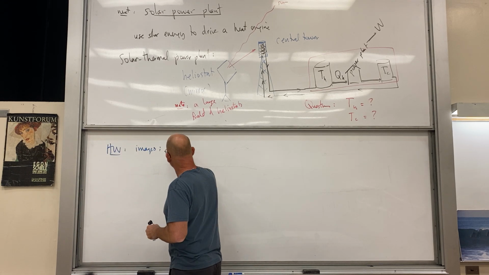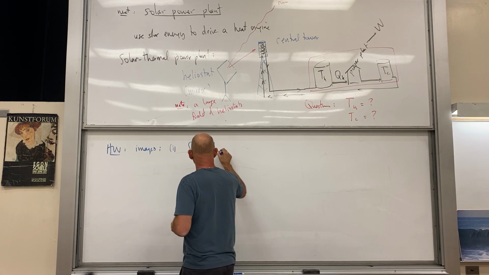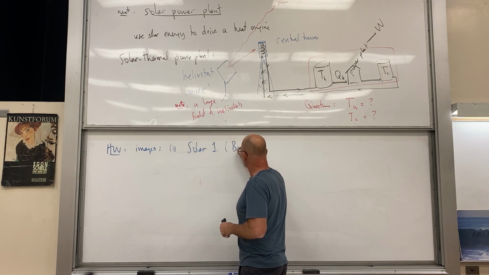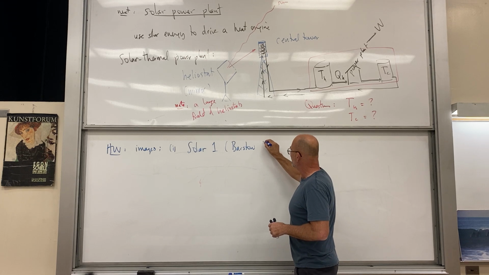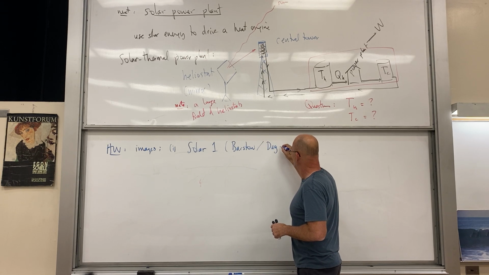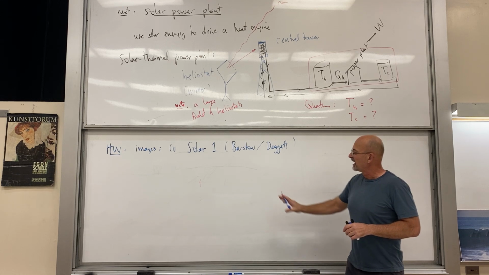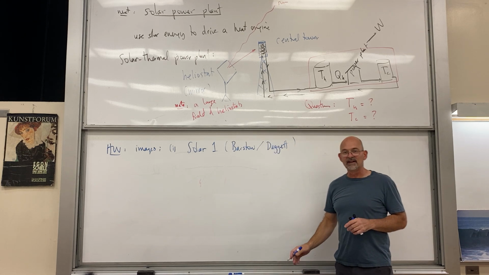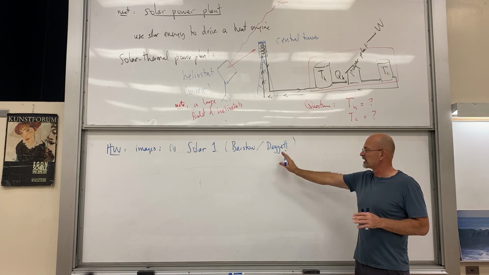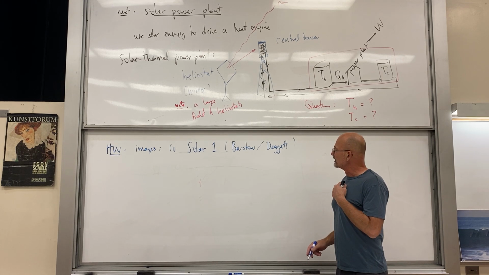The first one was called Solar 1, and it was near Barstow, Barstow/Daggett. Not even sure how to spell Daggett. Look it up, out by Barstow, and you'll get some good images of a power plant of this type that no longer even exists, but there are some good images online and there's some good information online. So Solar 1 is one of these.